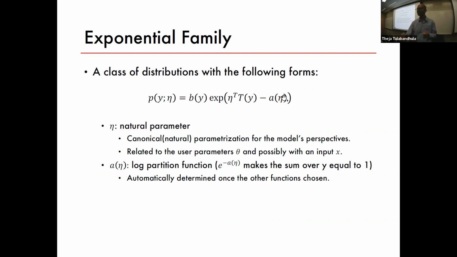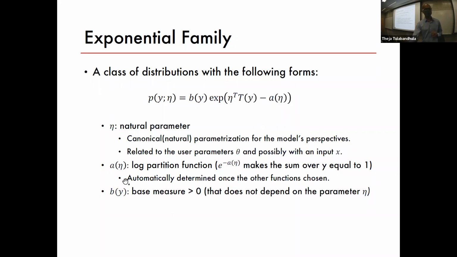A of eta ensures that the summation or integration of the left-hand side is equal to 1. It's called the log partition function. Let's ignore that; it's not super important for our discussion. The next function is B of y, called the base measure, which is just a function of y.